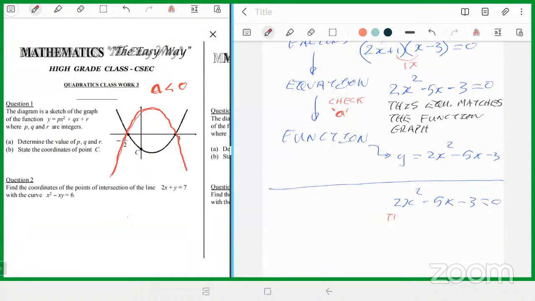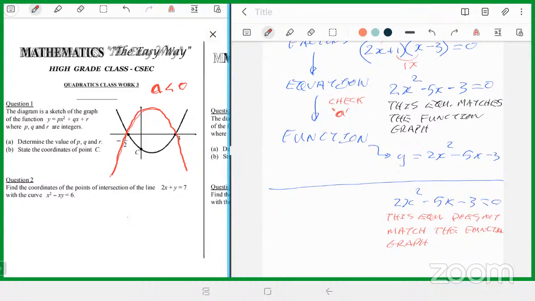This equation does not match, or is not related. You can say it's not related, but we can simplify it and say it does not match the function graph, because this equation relates to a smile function graph since the squared term is positive.